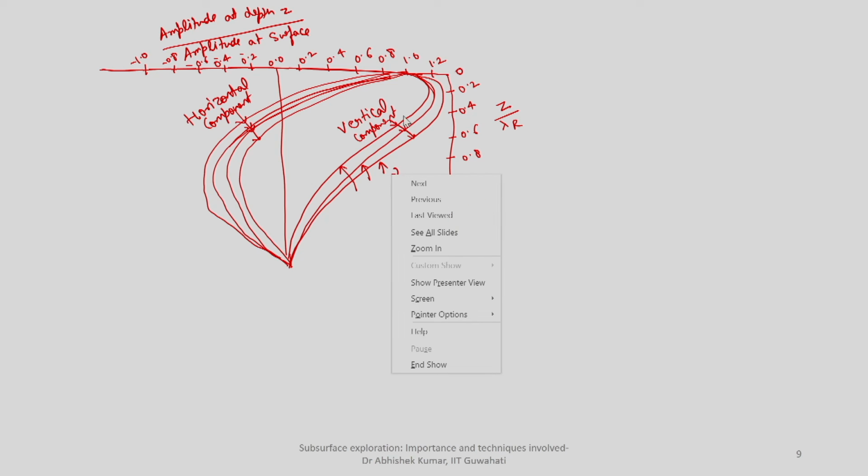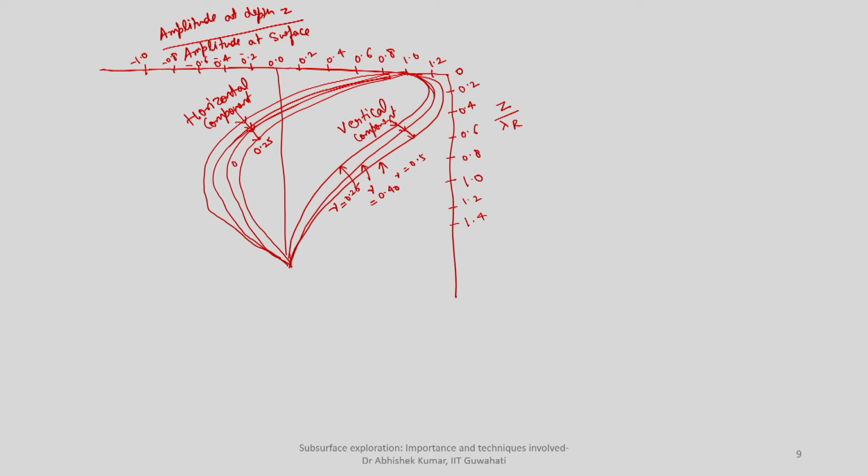This is for Poisson's ratio of 0.5, this is for nu equals 0.4, this is for nu equals 0.25. Similarly, here also this will correspond to 0.25, 0.33, 0.4, 0.5.